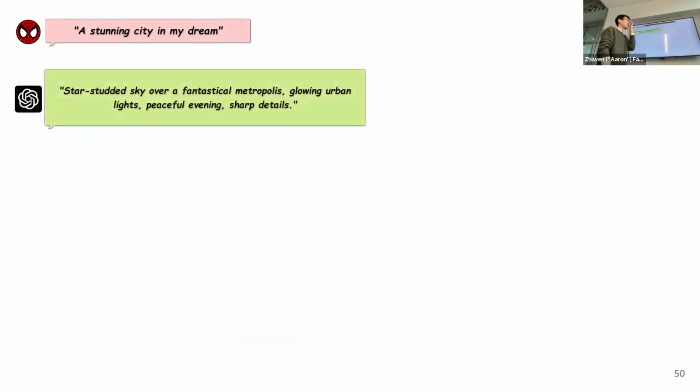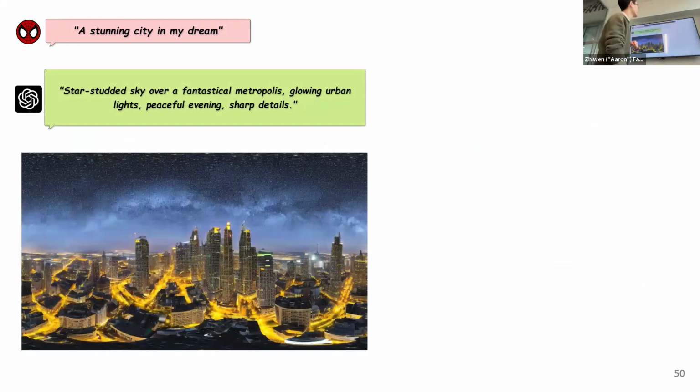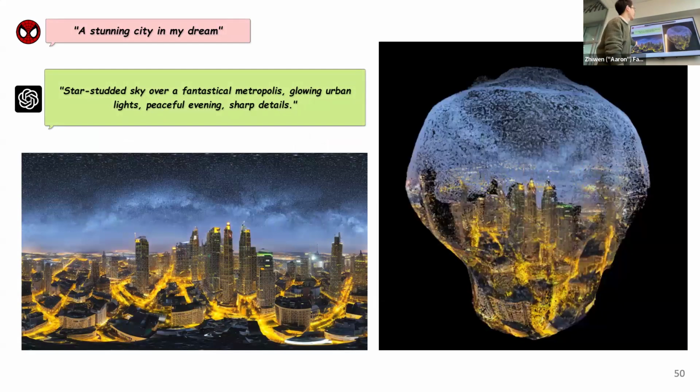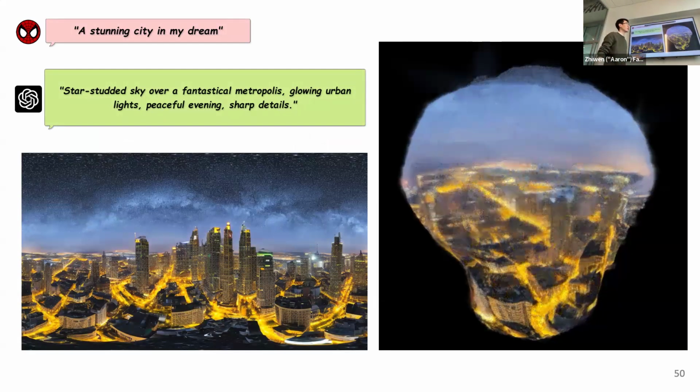If we take a look at the demo, given a very simple text description, let's say a stunning city in my dream, we have ChatGPT help us complete the description and make it finer. Then we generate the panorama in this way. Having the 2D panorama, we lift it to 3D using the neural 3D reconstruction technique.